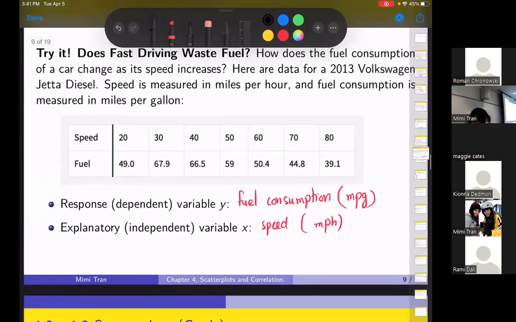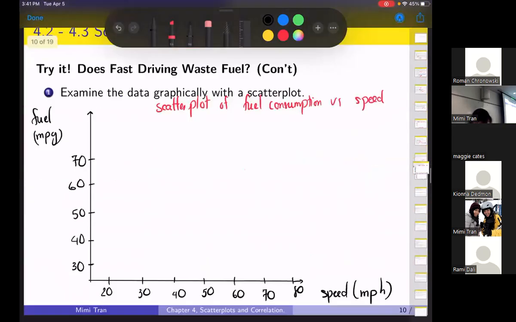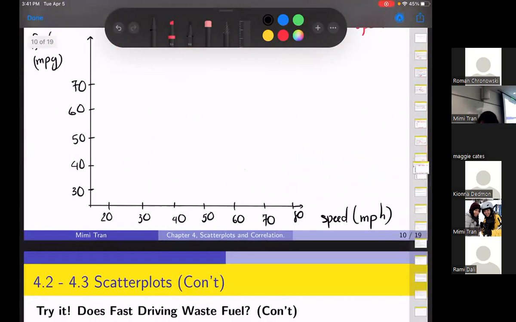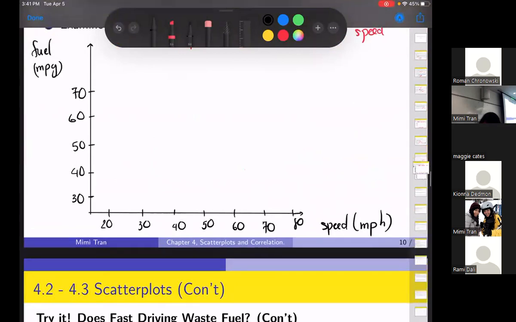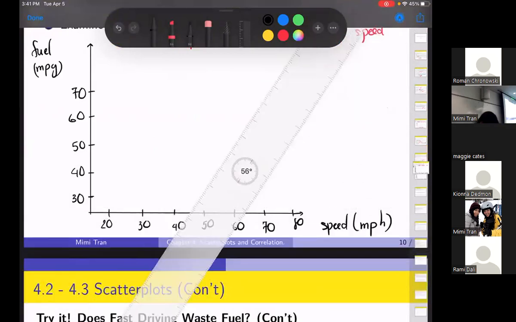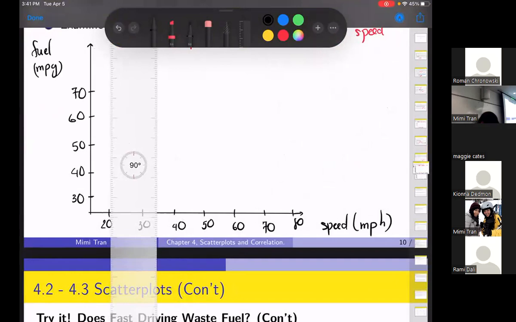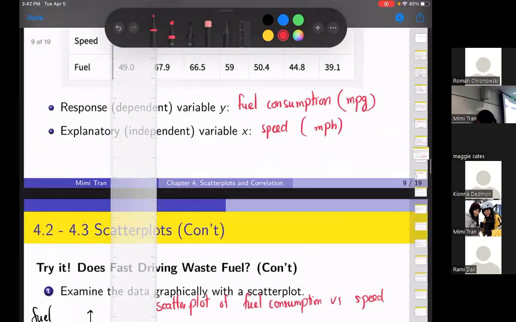Okay. At 20, it's 49.0. So at 20, 49.0, roughly here. I'm going to use red. Okay, let's see what else.